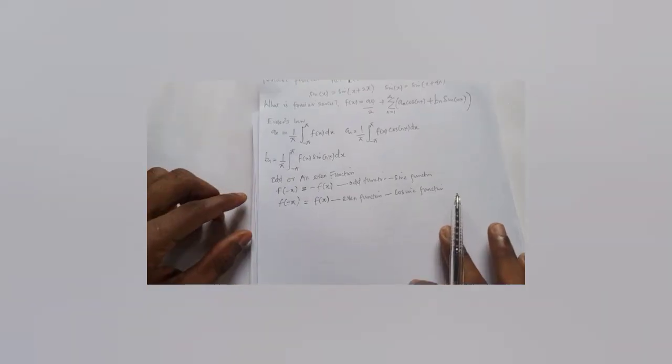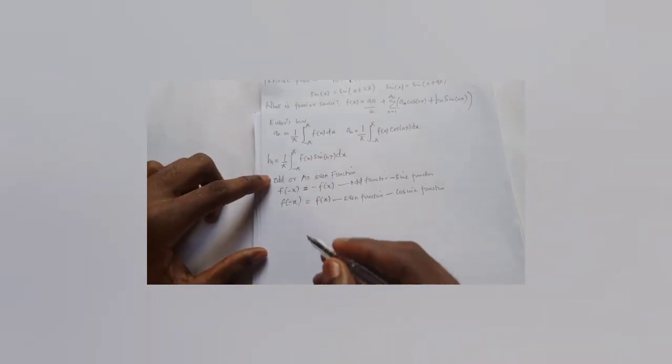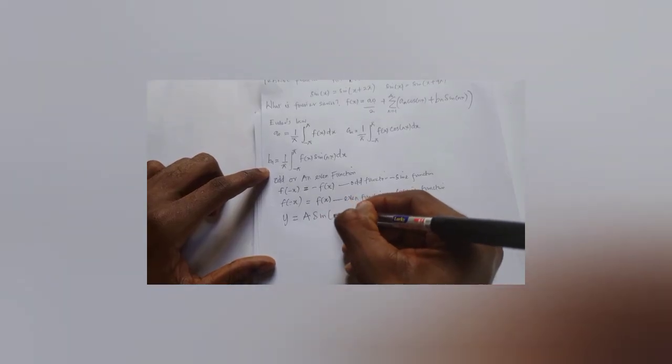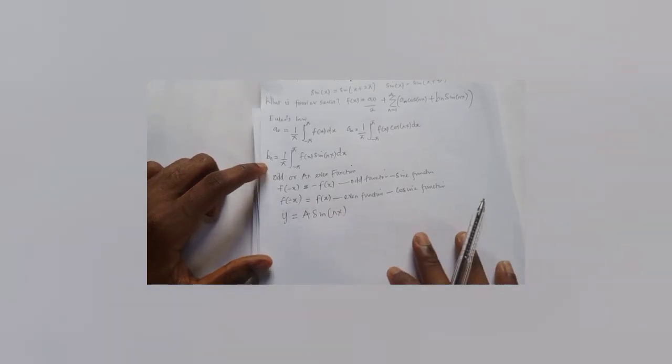Now the next thing you have to know here is the amplitude and the period of a function, how to calculate the amplitude of a periodic function and how to know the period of that function. Let's assume that you have a function in this form: y equals a sine nx.